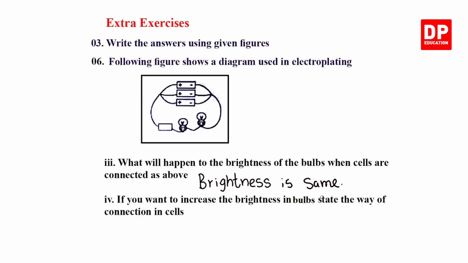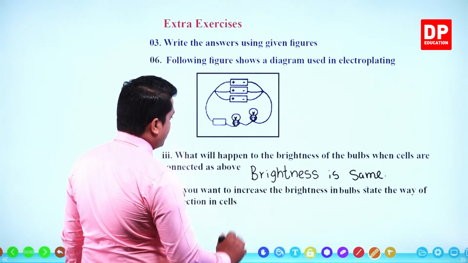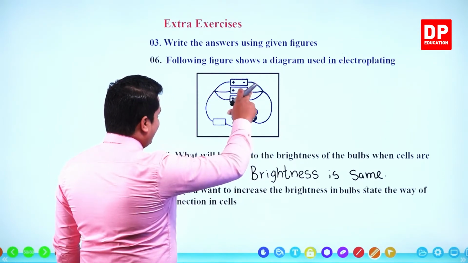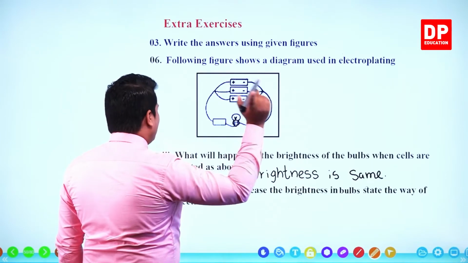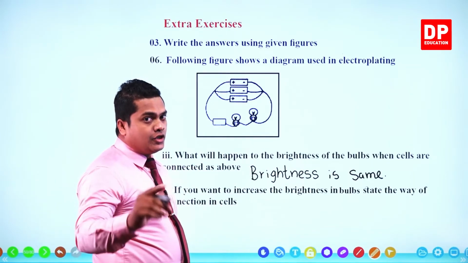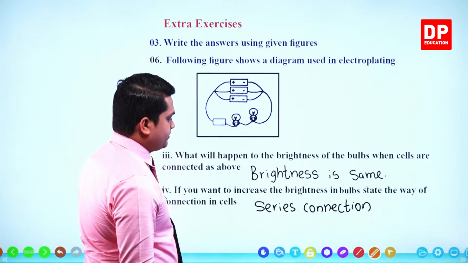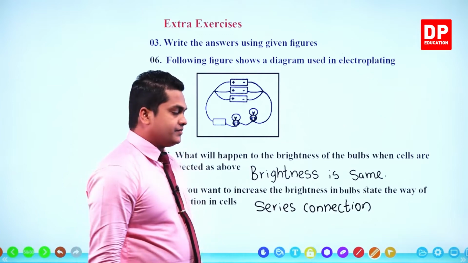You have to change the parallel connection into a series connection. By that way, you can increase the voltage. Series connection. So the way is series connection. Right? Series connection.